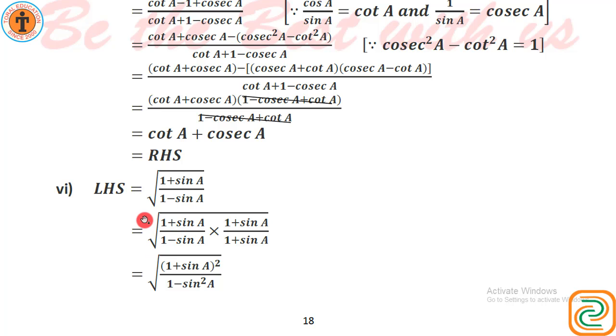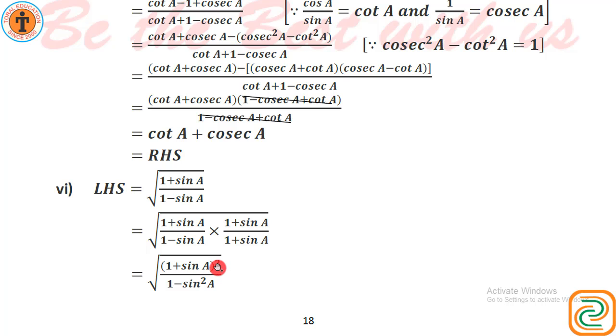So root of (1 plus sin A) upon (1 minus sin A) into, here is minus, so we can multiply both the numerator and denominator with plus, 1 plus sin A. So 1 minus sin A into 1 plus sin A, we can say 1 minus sin square A, and this we can say (1 plus sin A) whole square.